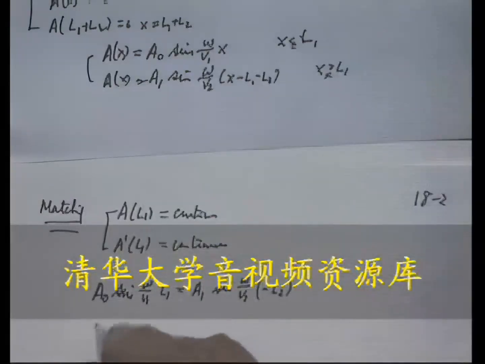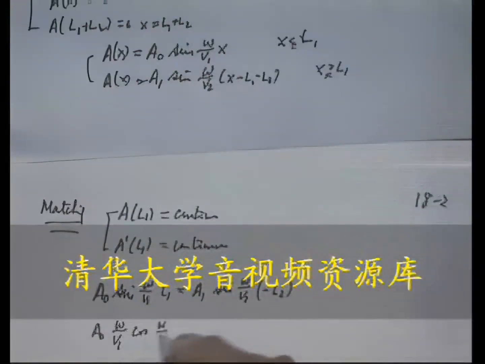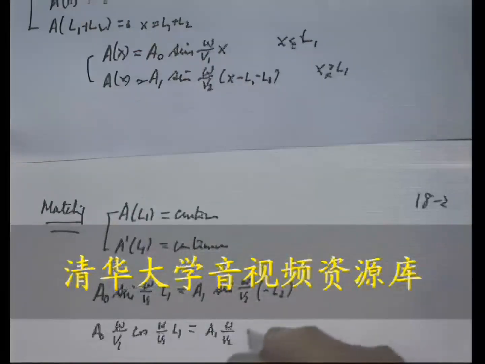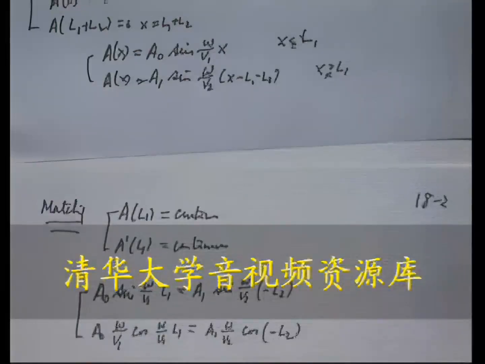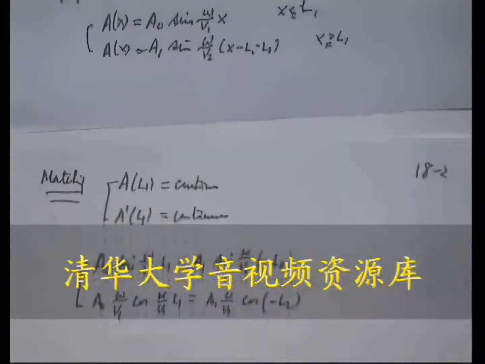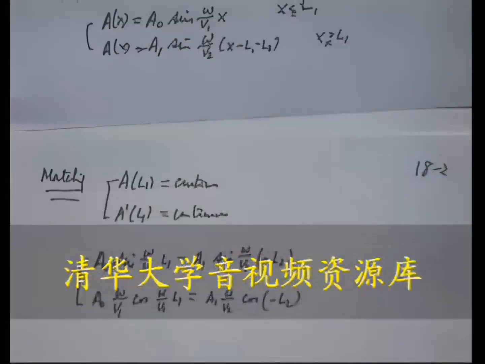And if we take the derivative, we get A0 omega over V1 cosine of omega over V1 L1 is equal to A1 times omega over V2 times cosine of minus L2. The first equation is the matching of A. The second is the matching of A prime.